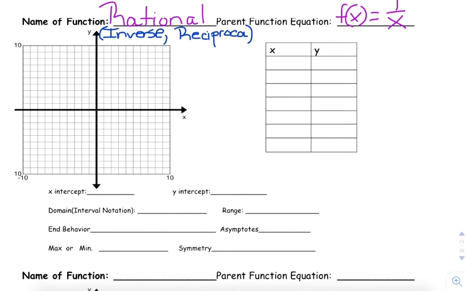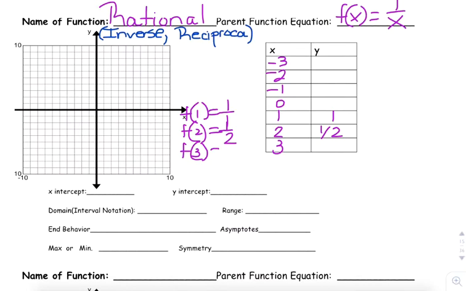All right, let's do our usual inputs: -3, -2, -1, 0, 1, 2, and 3. All right, let's go ahead and input. So f of 1 is just 1 over 1. F of 2, 1 over 2. F of 3 is 1 over 3.